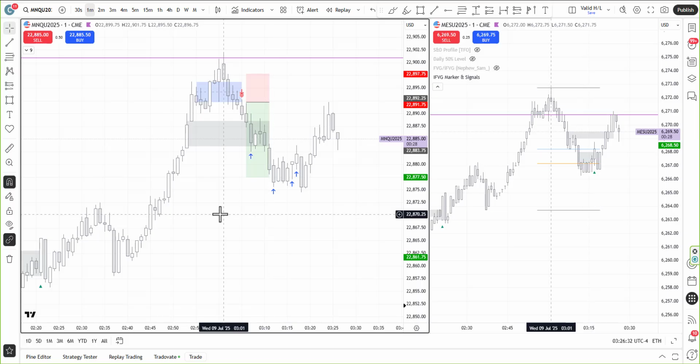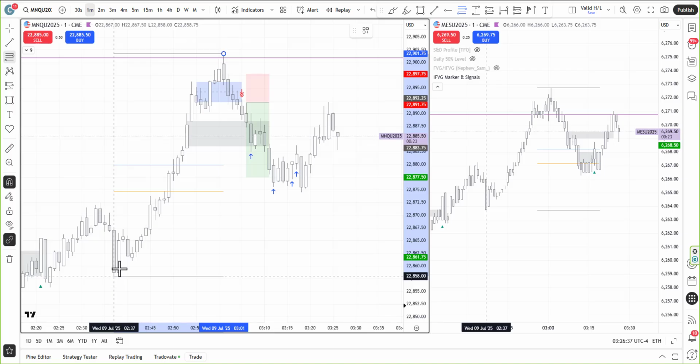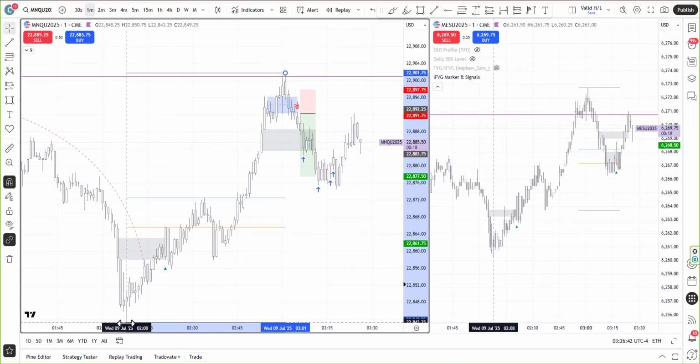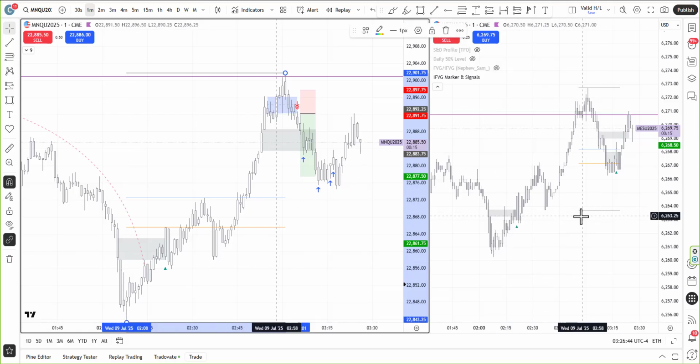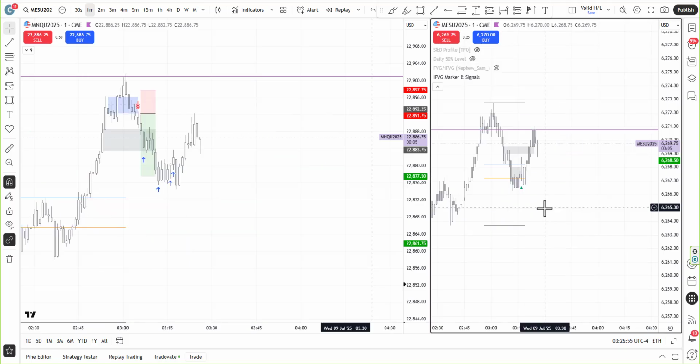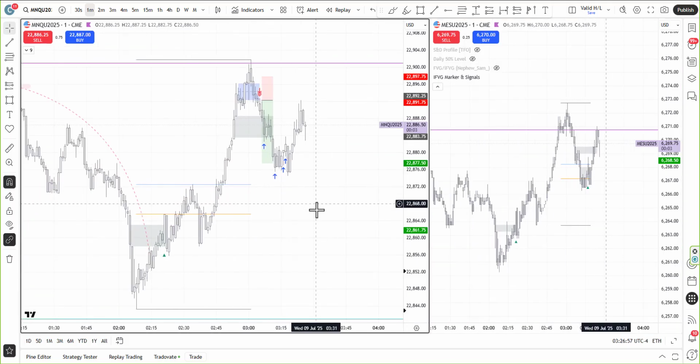And you can also see I try to look at the EQ of the move. You can draw it 2 times, like this, or draw it all the way down. And for me, I just look, okay, what is the most sensible thing to do looking at PA? Based on the full move, ES already went to 50% to discount, and based on the last move, it was actually already further.